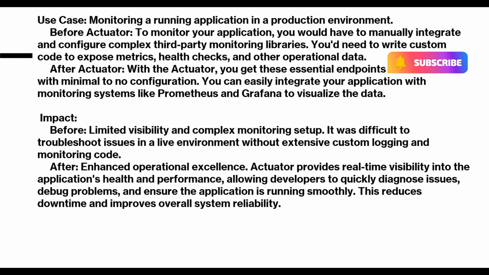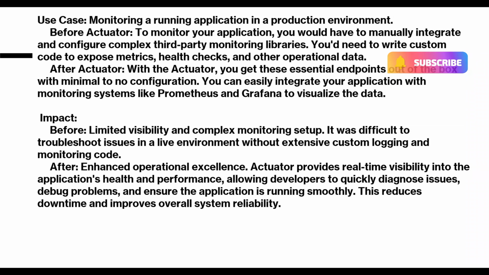After this was introduced, it has increased operational excellence. It has provided real time visibility into your application's health and performance. It also allows the developer to quickly find and diagnose issues so that they can debug the problem and ensure your application is running very smoothly.